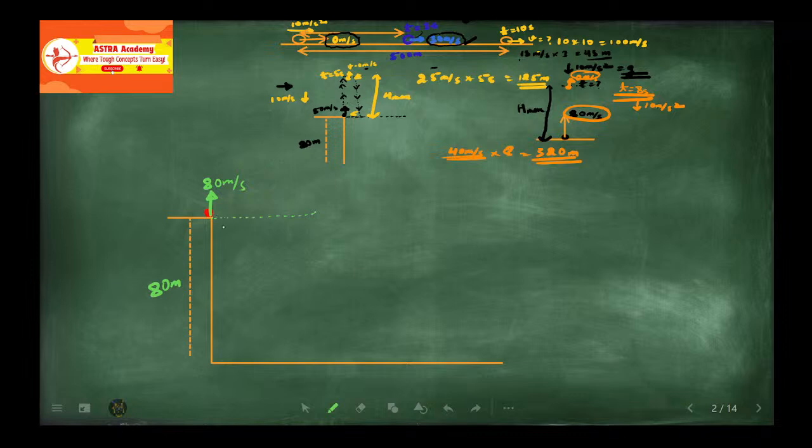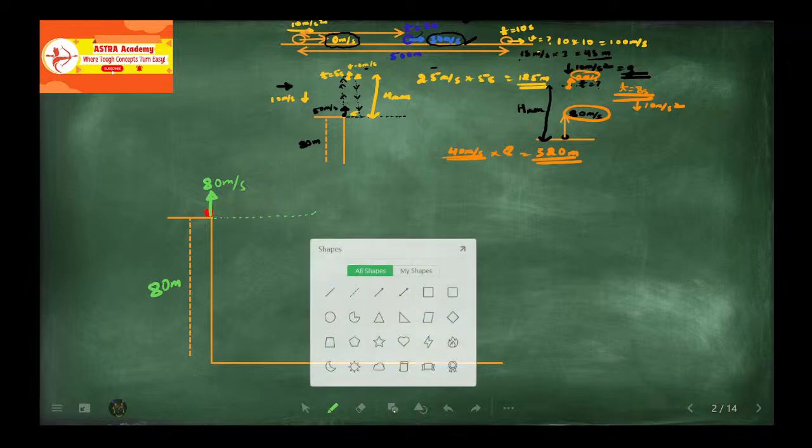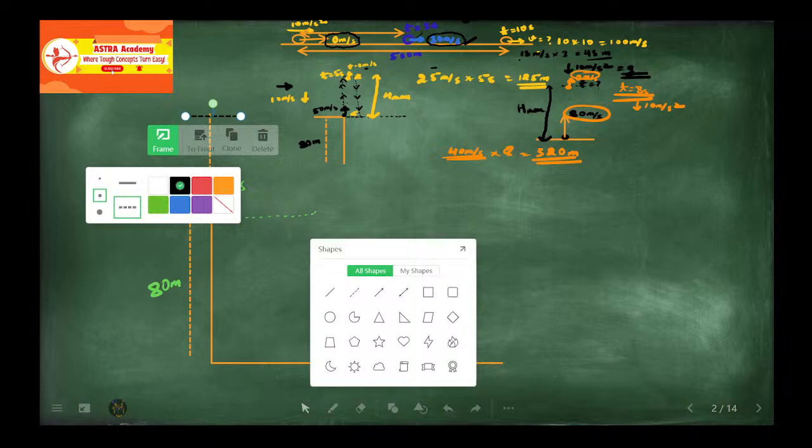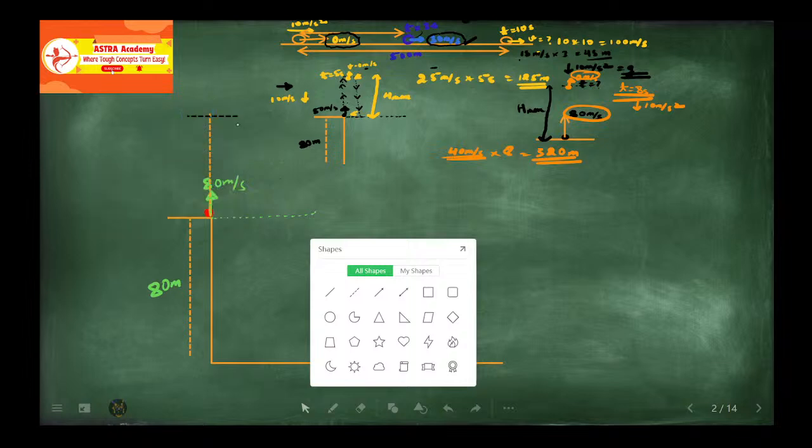Now suppose I am extending the question. They ask if the ball first went in the upward direction, and then at the maximum height, it has reversed its direction, and now it is coming in the downward direction.